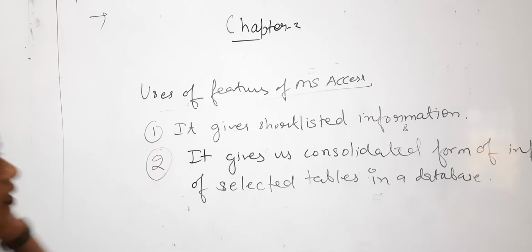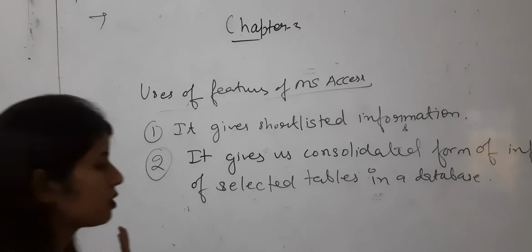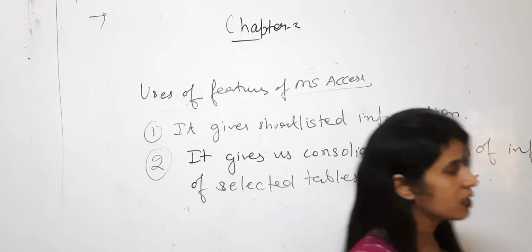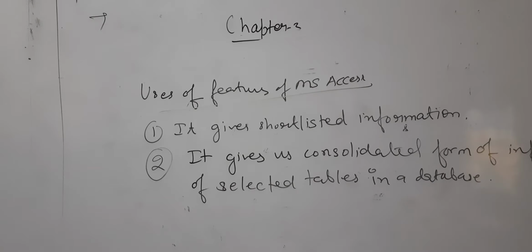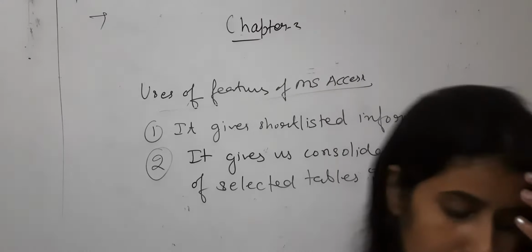So there are two uses of features of MS Access. First, it gives us the shortlisted information, and second, it gives us a consolidated form of information of selected tables in a database. So these are the uses of the features of MS Access.